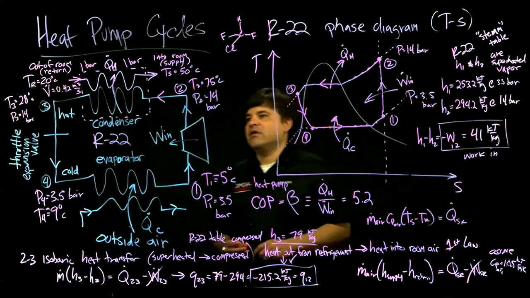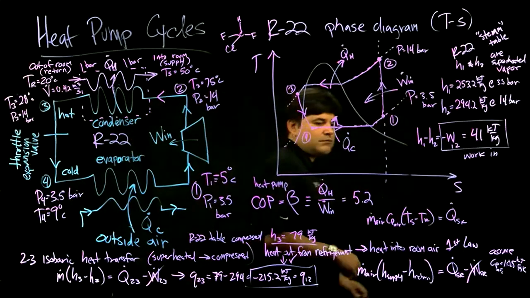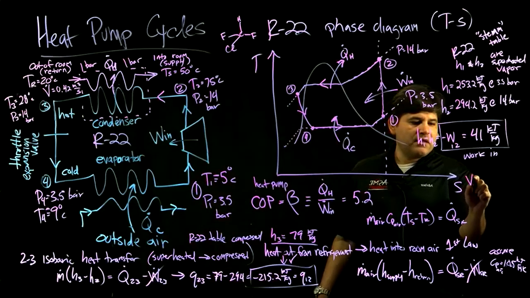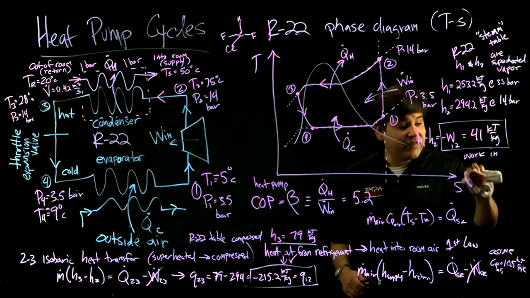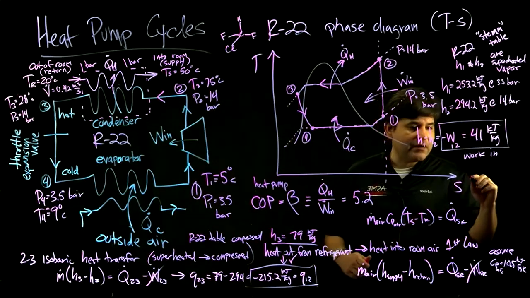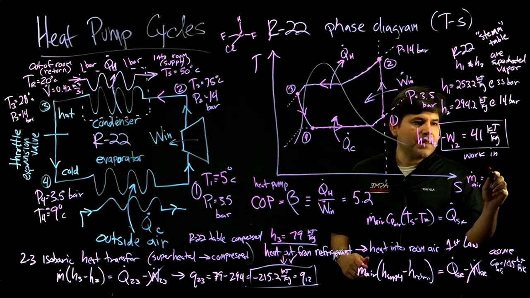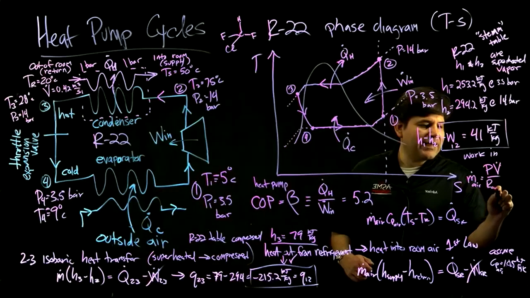But we don't know the mass flow rate of air. We do know the volumetric flow rate of air. Then we can use the ideal gas law. So the mass flow rate of the air, by the ideal gas law, equals the pressure times the volumetric flow rate over the gas constant for air times the temperature of the return, which is given.